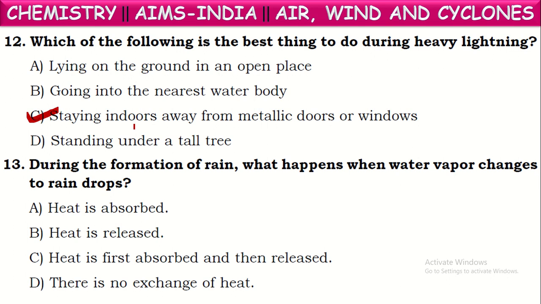So the air becomes light in weight and rises up. Because while water vapor converts into raindrops, it condenses and releases a certain amount of heat energy to the air surrounding it. So heat energy is released.